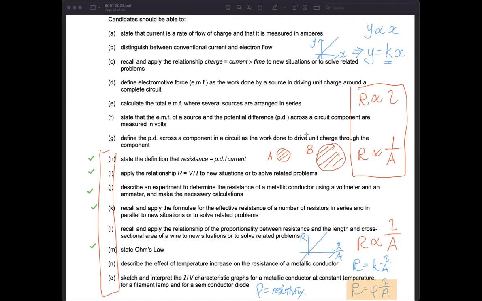Okay, are you all right? Okay, so if you are okay, so we have gone through number L.